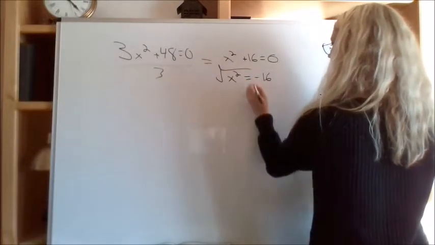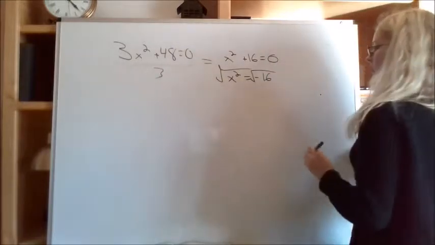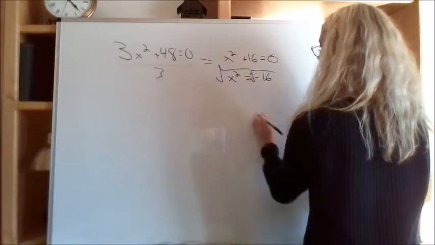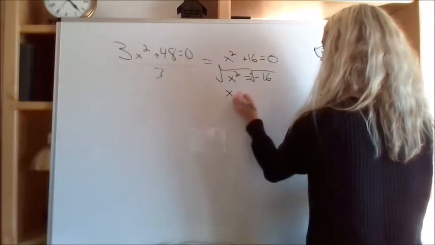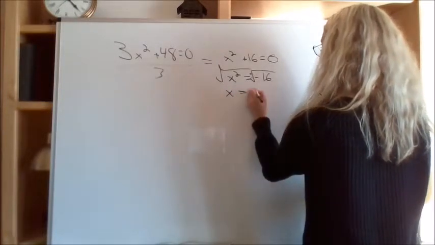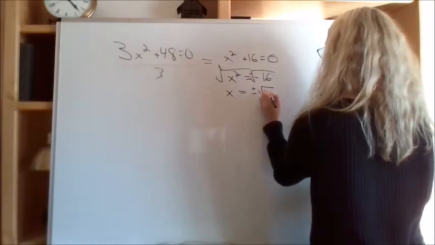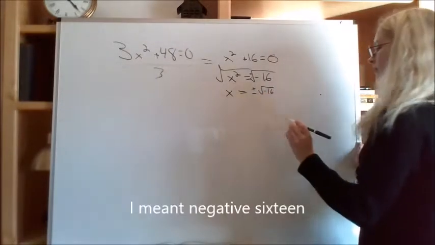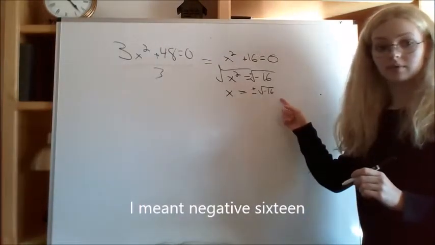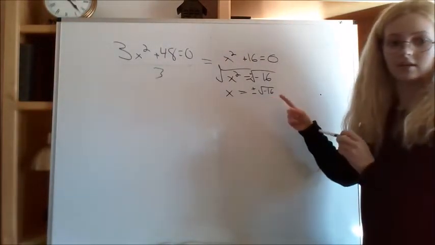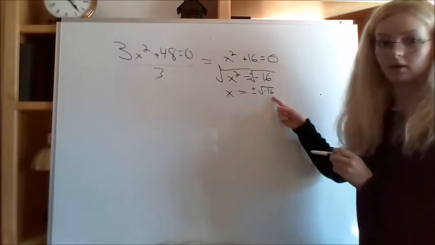So if we take the square root of both sides, and we remember our plus and minus, we've got x equals positive or negative square root of -16. And this is a problem because no real number squared can equal a negative number.